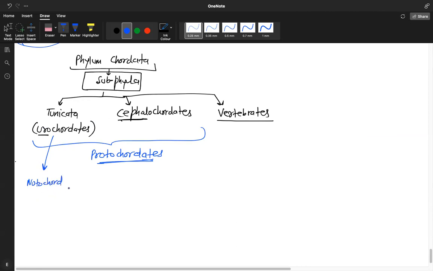It is a true notochord, but it is only present during the larval stage and in the larval tail, not in the other region, just the tail part. So it's an incomplete notochord, but it's a notochord. So you have to keep it under chordates, but then you have to make a subphylum to study them as tunicates, urochordates. Okay.